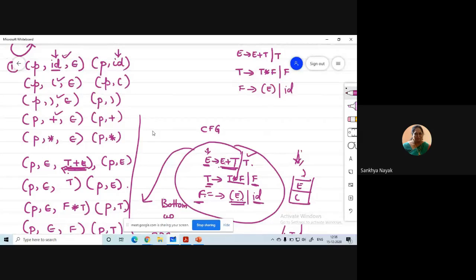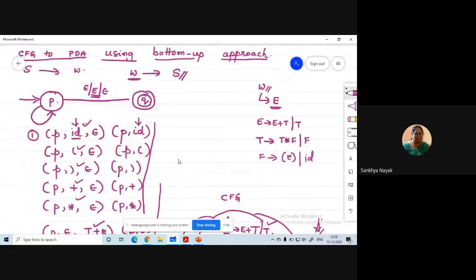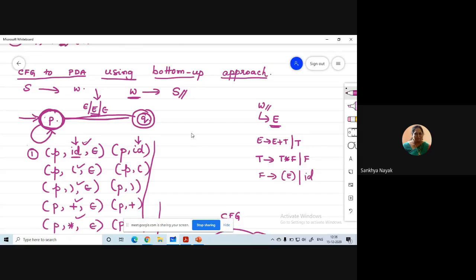All terminal symbols are simply pushed, correct? And for non-terminal symbols, the right hand side is replaced with the left hand side. And every transition happens in the starting state. And you go to the final state only if, after replacing everything, you have only E in the input. That is, you have reached the starting symbol for this grammar.